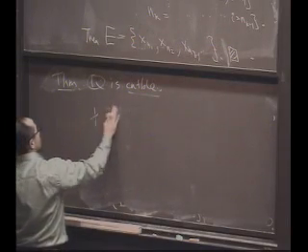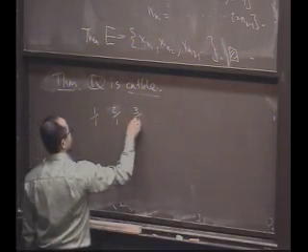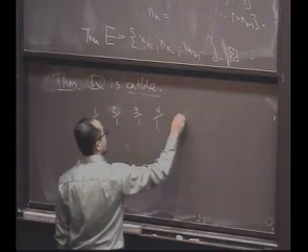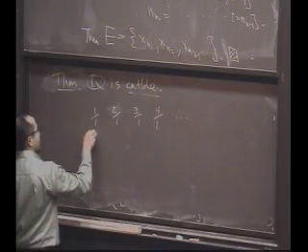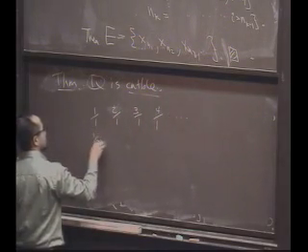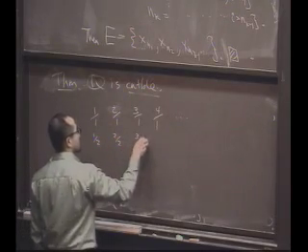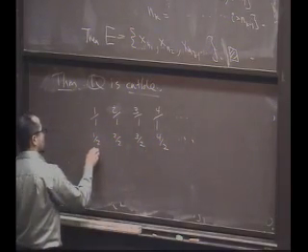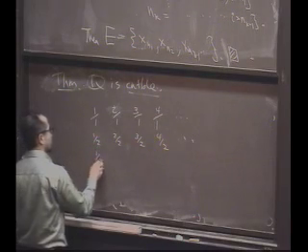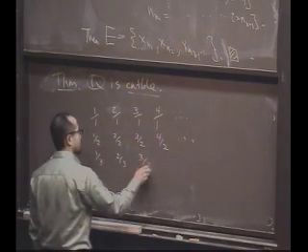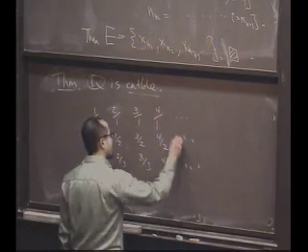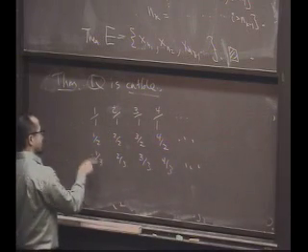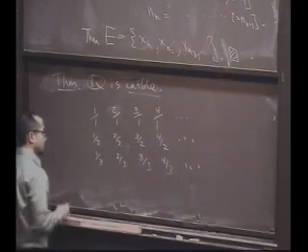But let's just say 1 over 1, 2 over 1, 3 over 1, 4 over 1, dot, dot, dot, yes? And now I'll do 1 over 2, 2 over 2, 3 over 2, 4 over 2, etc. And then the next row I will do 1 over 3, 2 over 3, 3 over 3, 4 over 3, dot, dot, dot. Now, these are ordered pairs of numbers, yes?